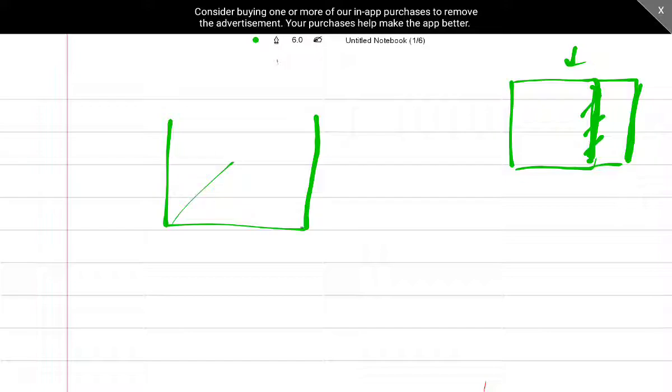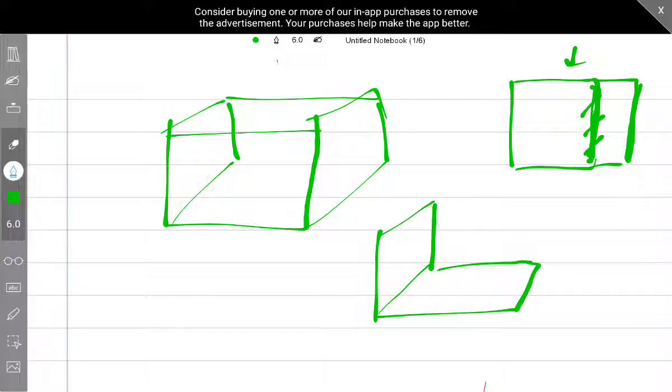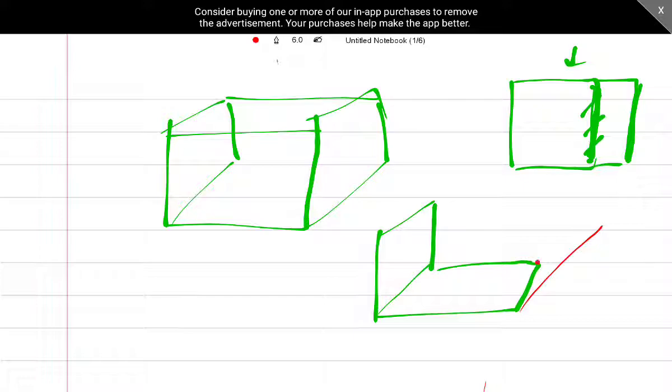If it is a rectangular tank, it will be like this, is it not? It is a rectangular tank, but in our case it is similar up to this, but here it is slanted.